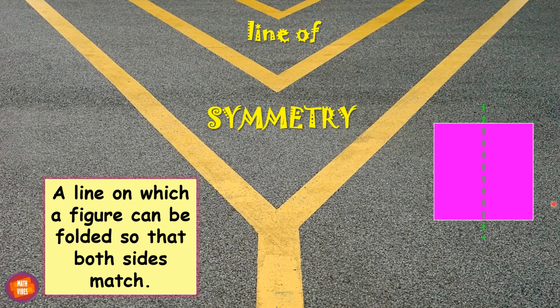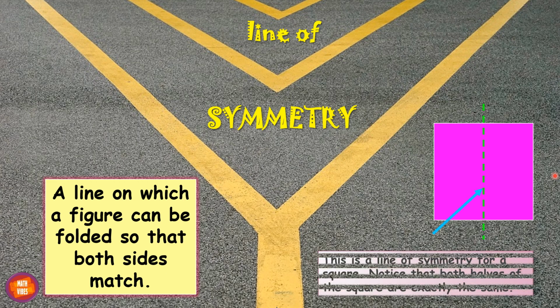So if this square is one shape, then along these green dotted lines, if I fold along it, it will match. So this green line is called a line of symmetry, right? This is a line of symmetry for a square, and you will notice that both the halves of the square are exactly the same.